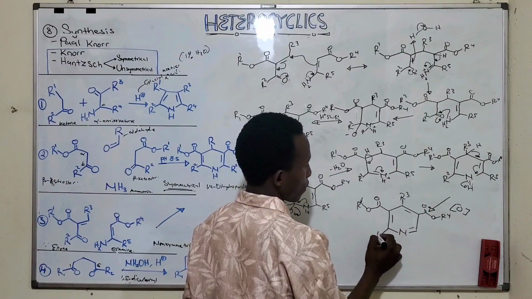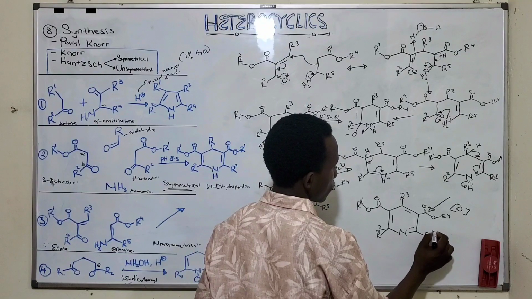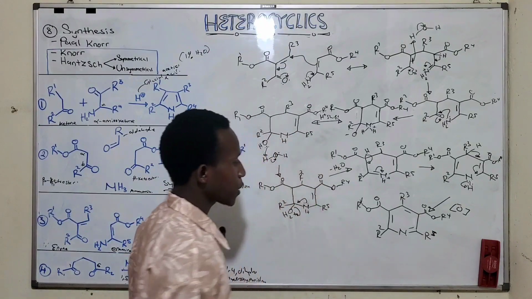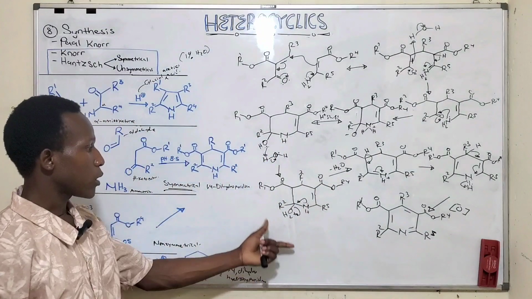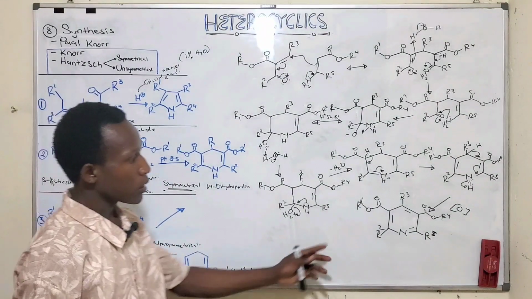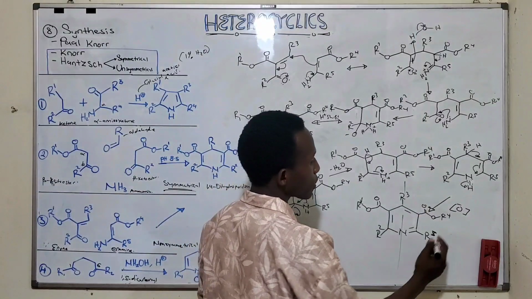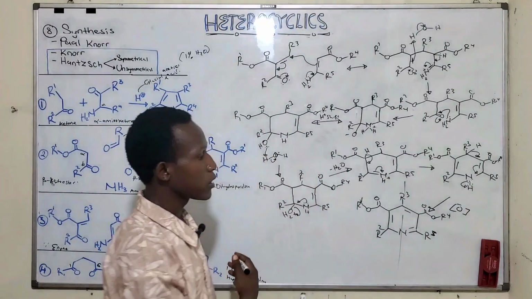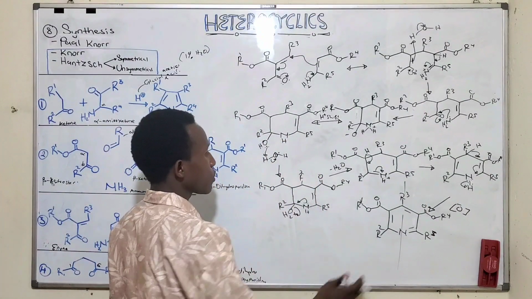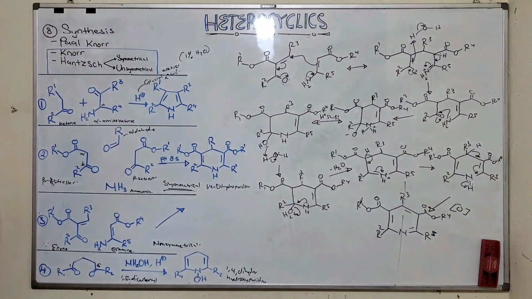R1, R2, R5. So that's the pyridine. But this one is mainly used for unsymmetrical synthesis. This R is different from this R. So when you put a mirror, this side is not a mirror image of this side, so it is unsymmetrical. That's how the mechanism is.